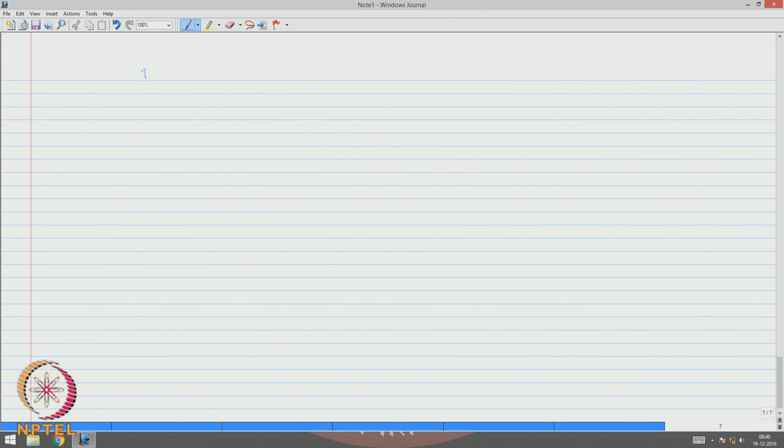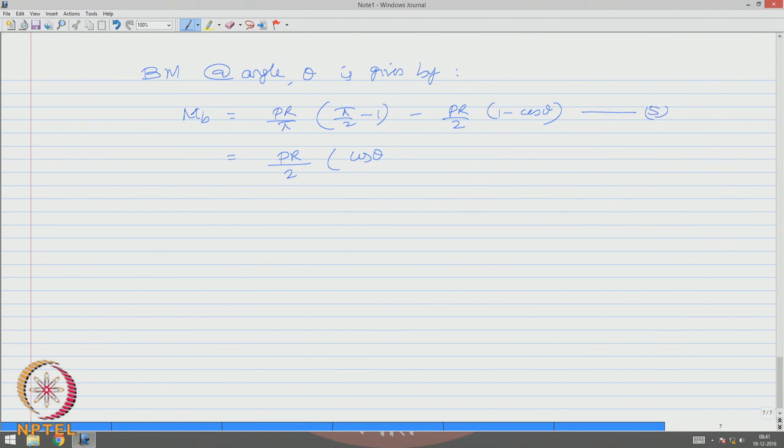Now, we would like to know the bending moment at any angle theta, which is given by MB equals Pr by pi times (pi by 2 minus 1) minus Pr by 2 times (1 minus cos theta), which is equal to Pr by 2 times (cos theta minus 2 by pi).